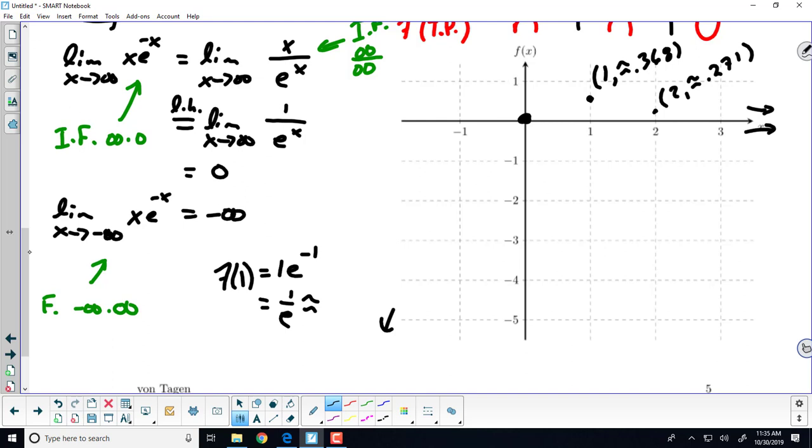We're heading towards this local maximum at 1, increasing in a concave down manner. We then arrive at 1. We continue in a concave down manner, but now we're decreasing. And then we hit this inflection point where we shift to decreasing in a concave up manner.